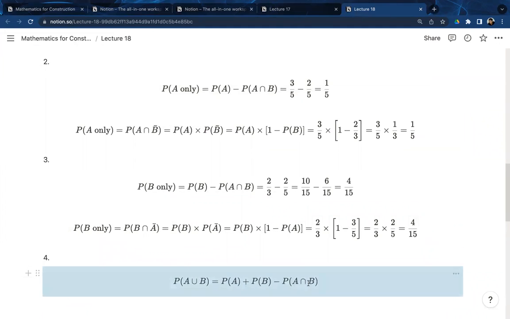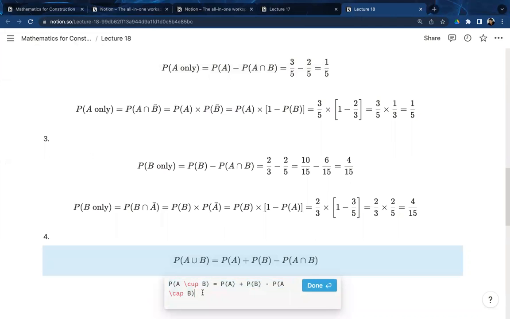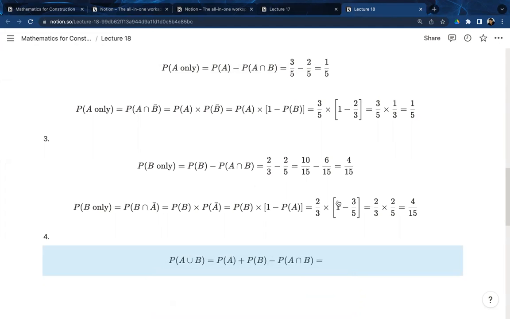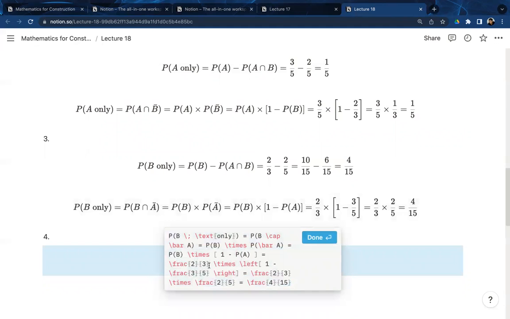So what is this? What's the chances that A happens, the whole of A? It's 3/5, I believe.